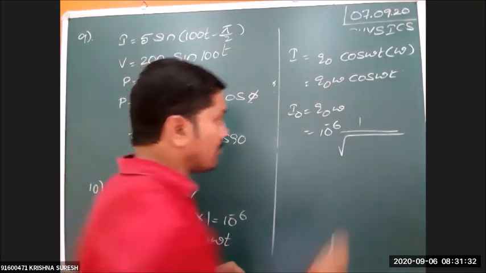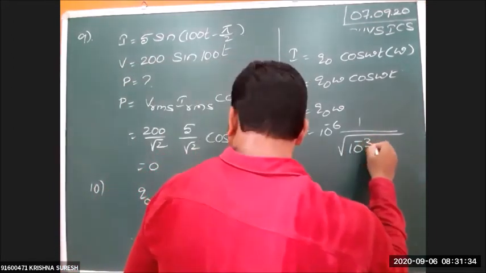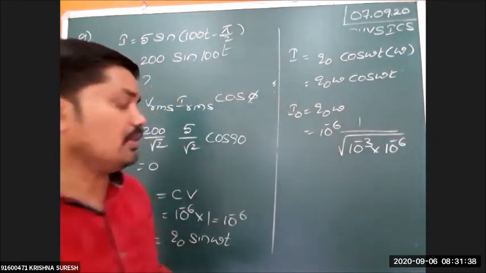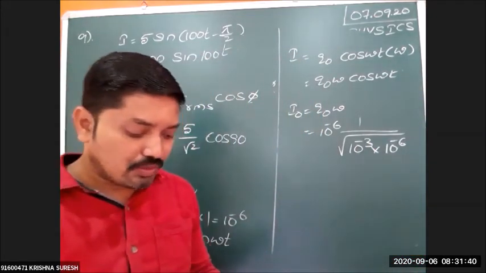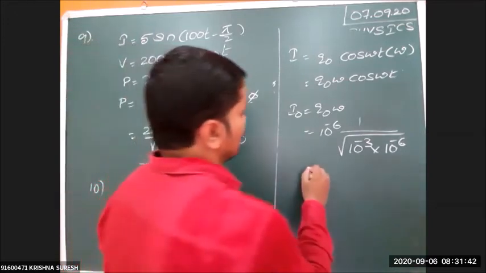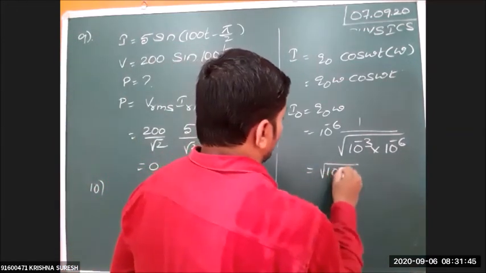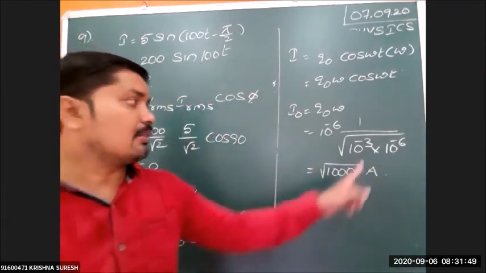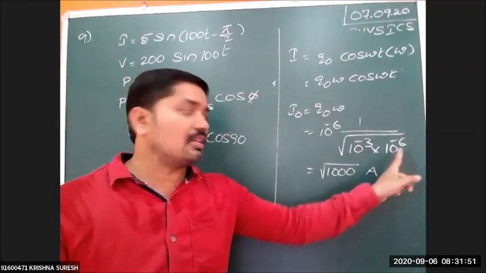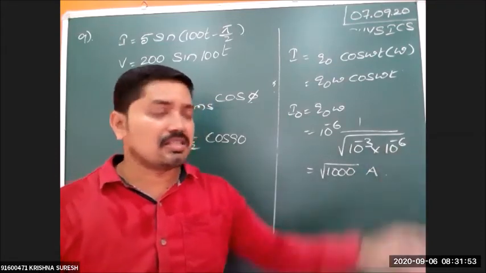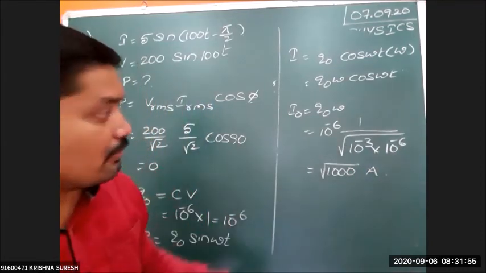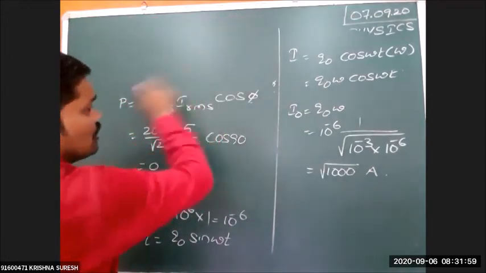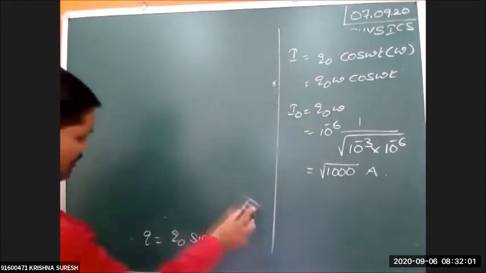That is 10 power minus 3. And the C value is 10 power minus 6. So if you solve this, you will get root 1000 amperes, because here 10 power minus 3 times 10 power minus 6 gives 10 power minus 9. Finally it becomes root 1000 amperes.